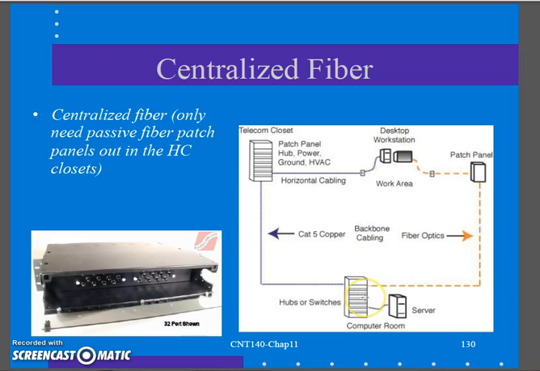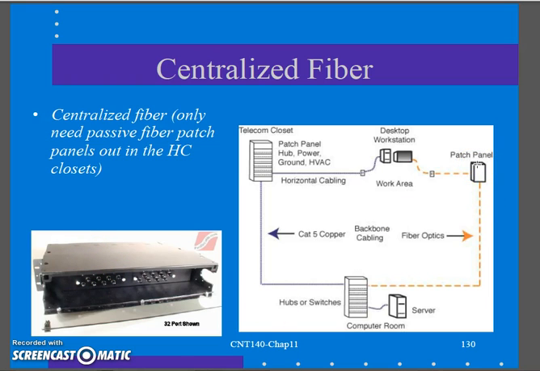Well, with fiber optic, I can get rid of this whole rack of equipment and literally go to a passive patch panel. This is a passive patch panel here. What it really is, literally, is just two fiber connectors, and I plug a fiber on this side, plug a fiber on this side, and it couples them. That's all it really is.